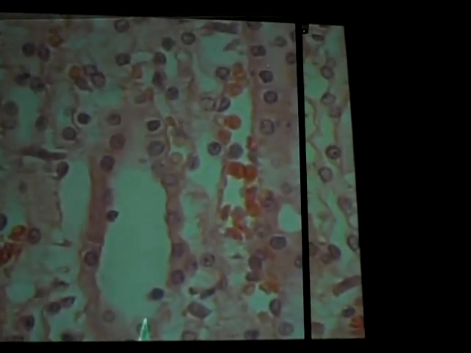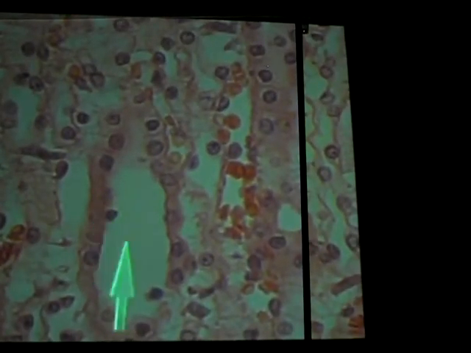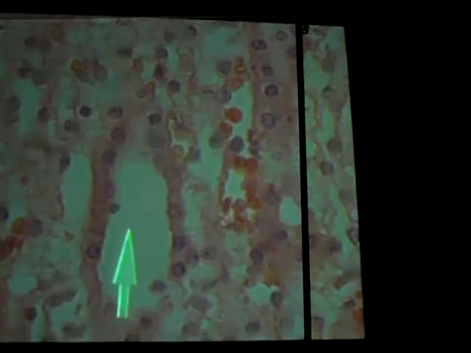So that's one example. Here's another one. Again, you can see the nuclei bulging into the lumen of the tubule. Those would be your thin loops of Henle. On this one, the staining isn't that great, so I'm not really going to look at anything else on this slide.